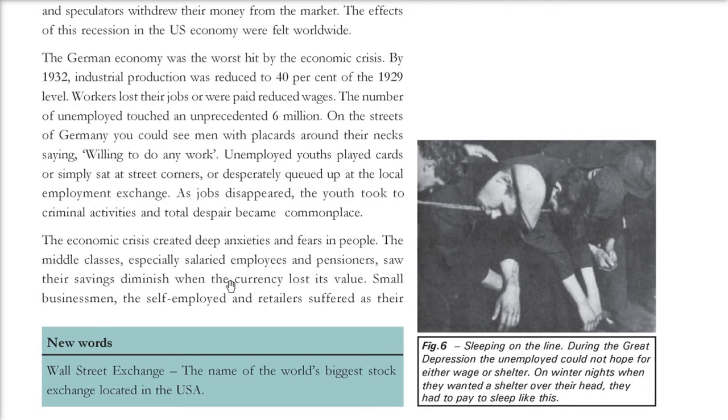All, middle class or anybody. Let me tell you, the Wall Street Exchange is the name of the world's biggest stock exchange, located in the USA. You can see these people sleeping in line because they are unemployed and depressed. This was all happening there.